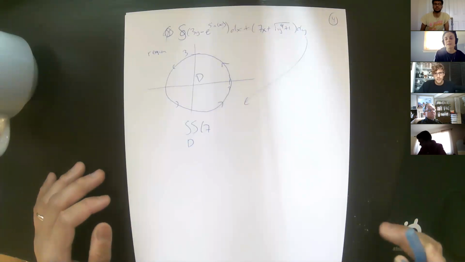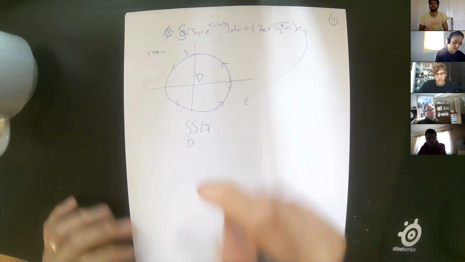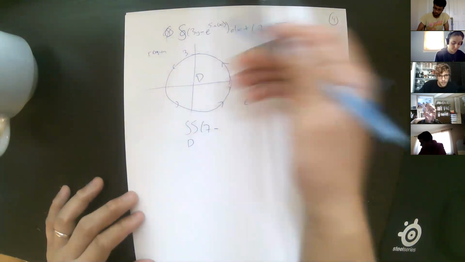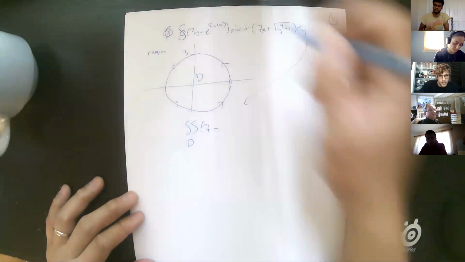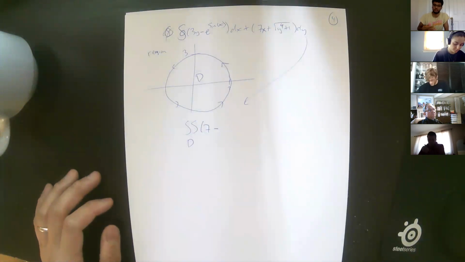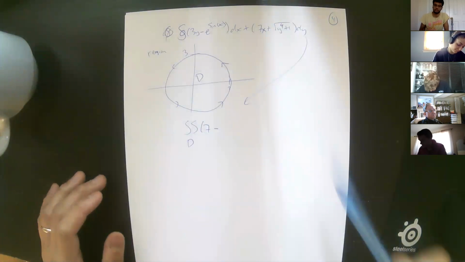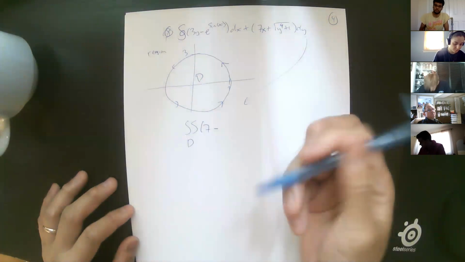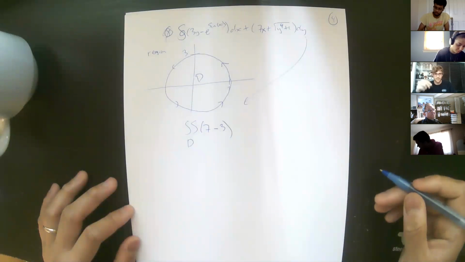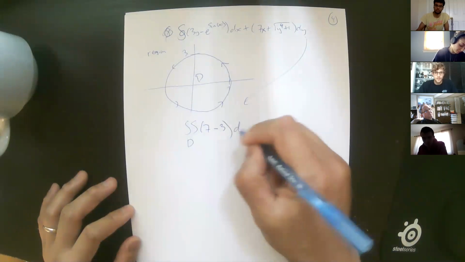So 7 minus, what's this derivative? Is that e to the 5 ln x? It's e to the sine x. But it could be e to the 5 ln whatever x, because this derivative is actually 3. dA.